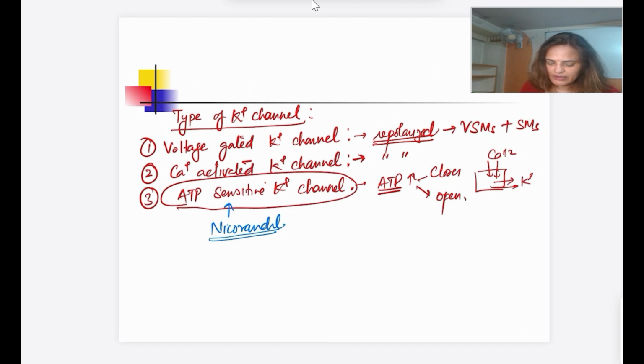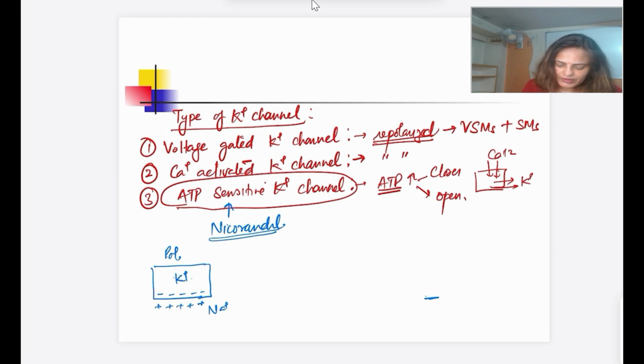Remember one basic thing, in any cell, usually the cell is negative inside and positive outside. It is because of the increased concentration of sodium outside and potassium inside of the cell. So this is what we say is a polarized cell. Then what happens if there is an activation?